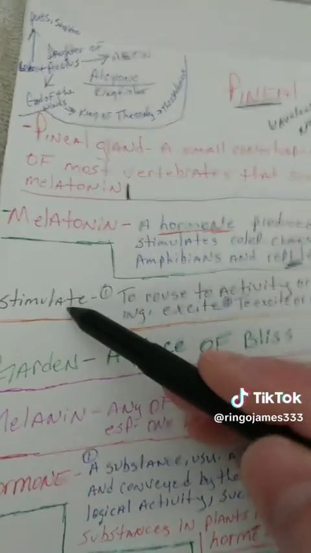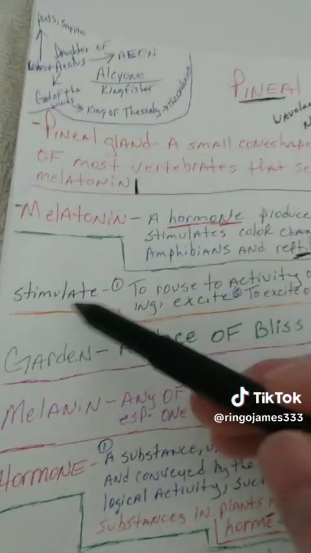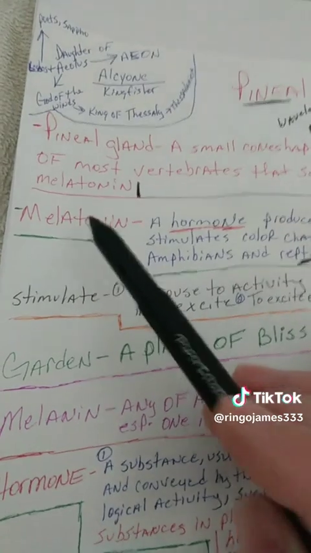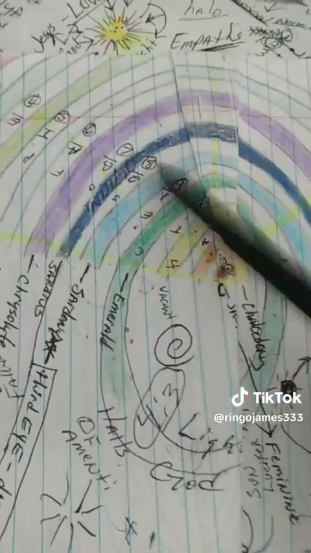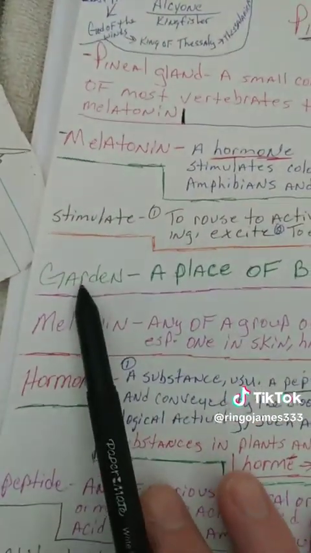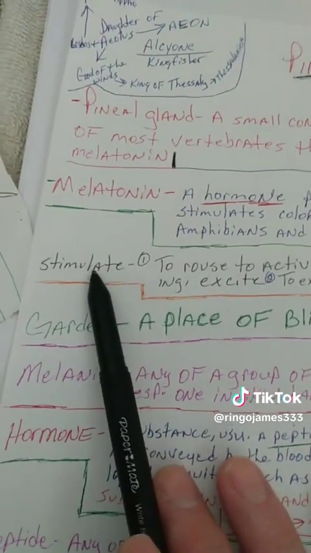So if you take a stimulant, like coffee, you get excited, you get a little hyper. So this makes you move around. And as the color in the divine energies, it allows them to move about.